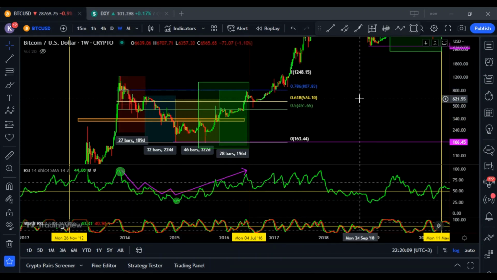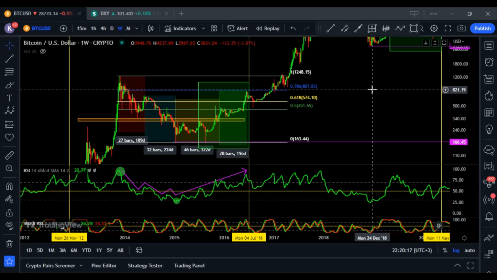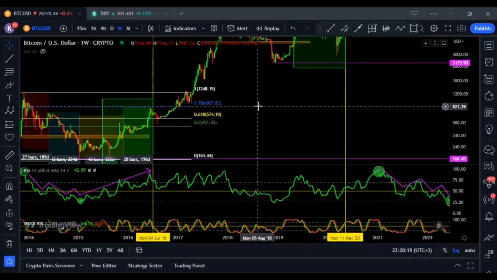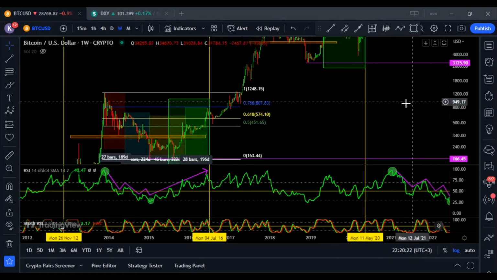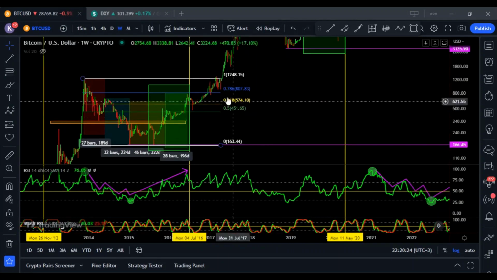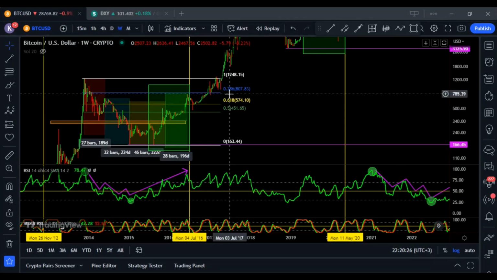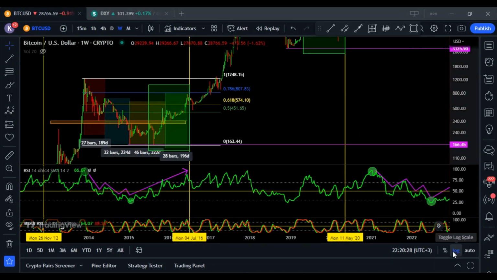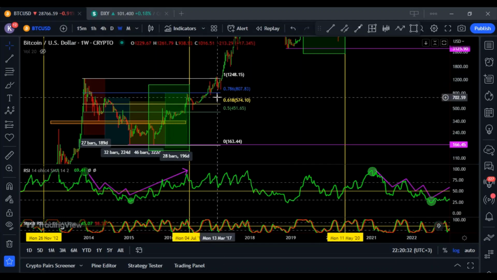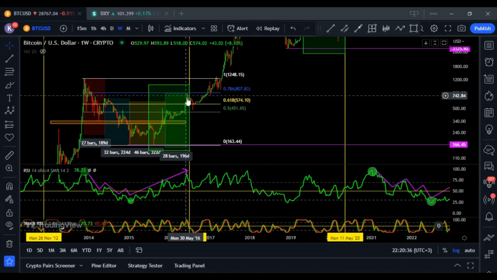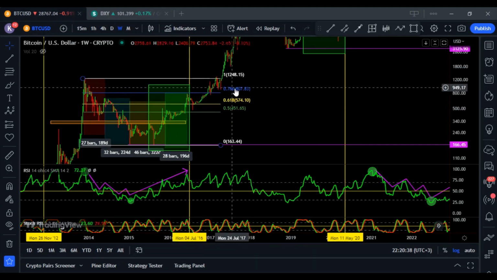You can use it with a log scale or without. That doesn't matter much as long as you have them uniform. So same here and same there. We're utilizing the log scale one today because we have a logarithmic scale on the chart as well, and that was the 0.786 hit target at the end of the green box and into the halving.